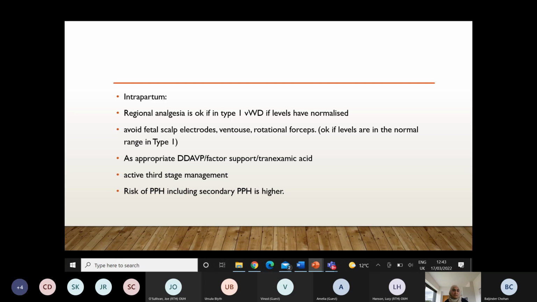There is a risk of PPH, especially secondary PPH, because the levels gradually go down in the postnatal period. So there should be an antenatal plan to use either desmopressin, depending on the levels and severity of the disease, or just tranexamic acid. Most people use it for at least 7 days after delivery.